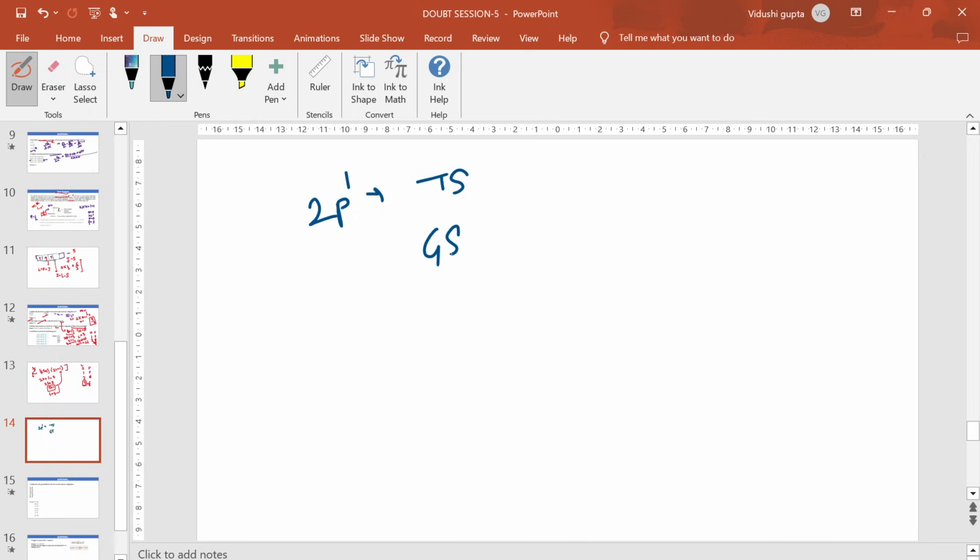So how can you do it? Can you tell me what is the term symbol for 2p1? 2p1 means in p you have only one unpaired electron. So what will be the term symbol for this?